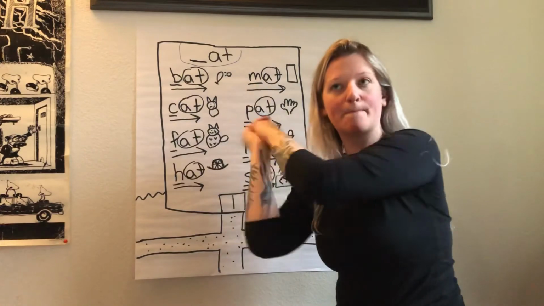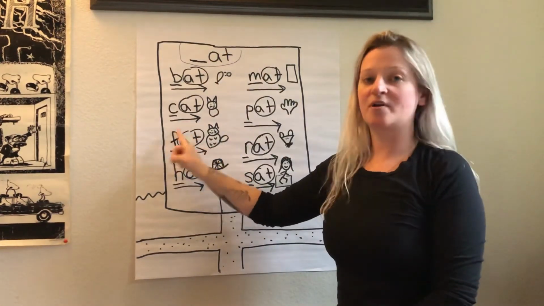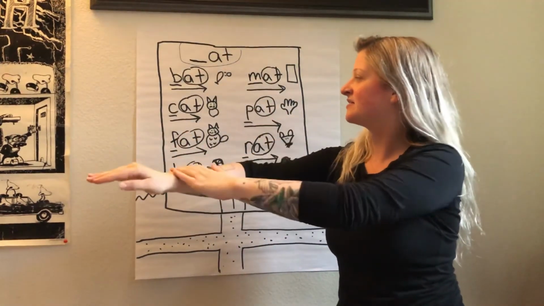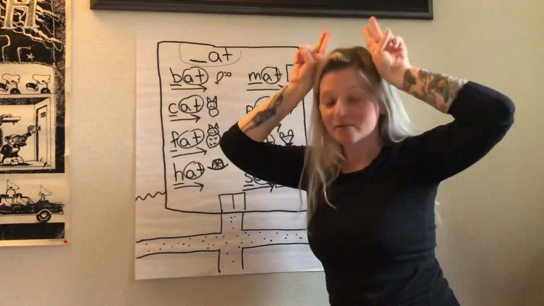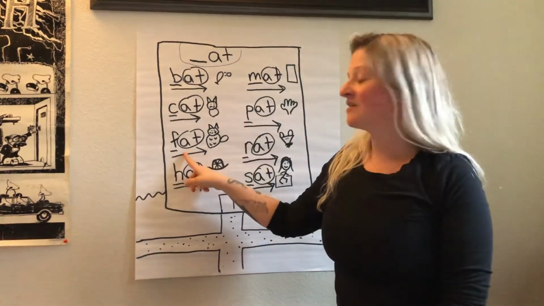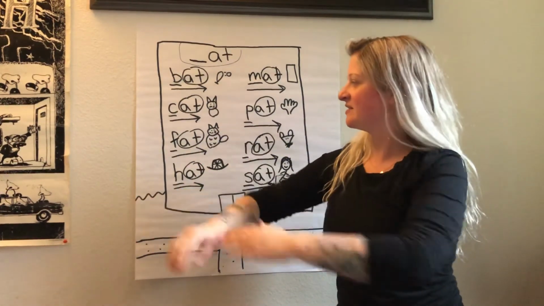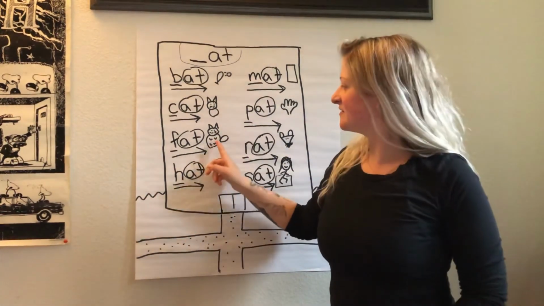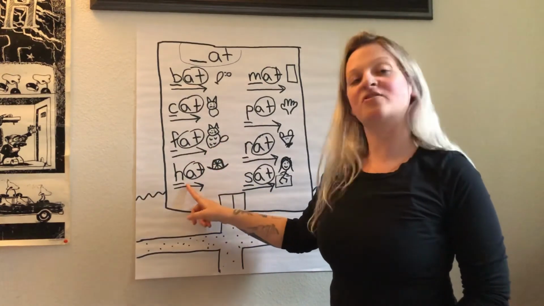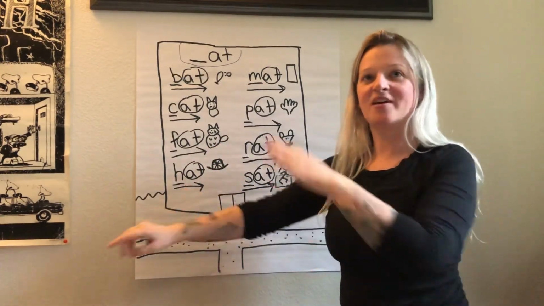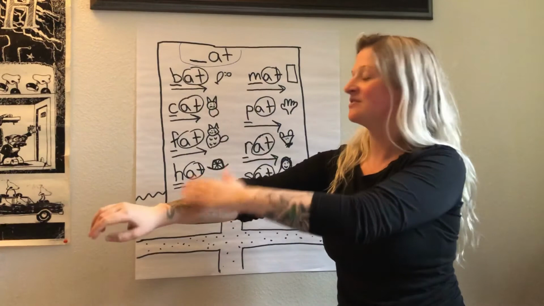Bat. Next word. Cat. Cat. Meow meow. Let's go to the third word. Fat. Fat. Let's go to the next word. Hat. Hat.